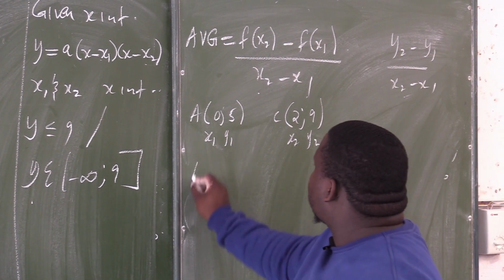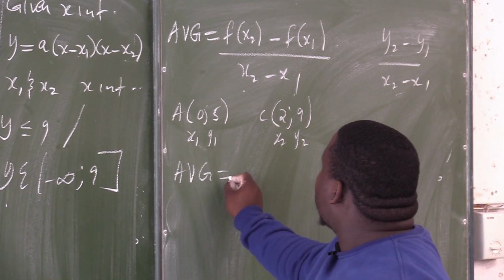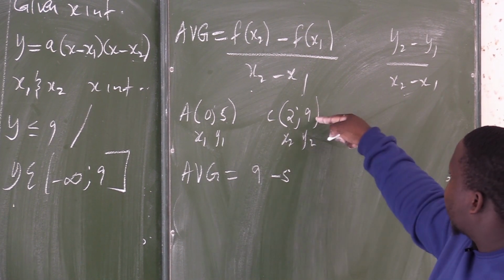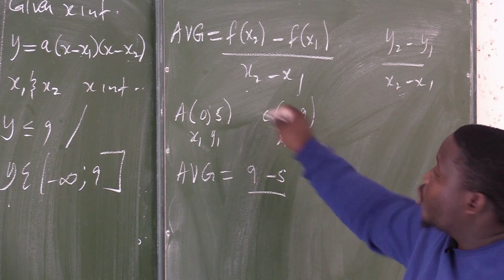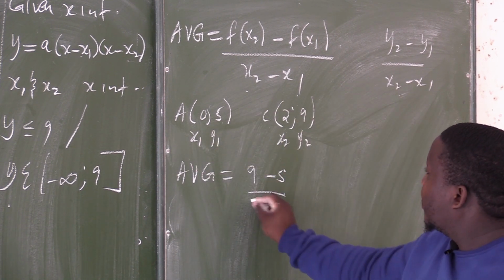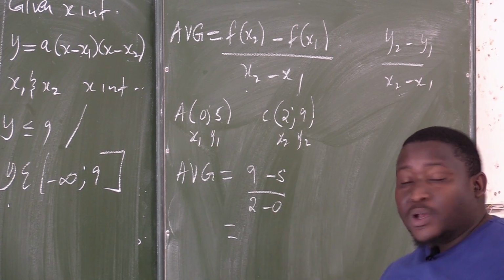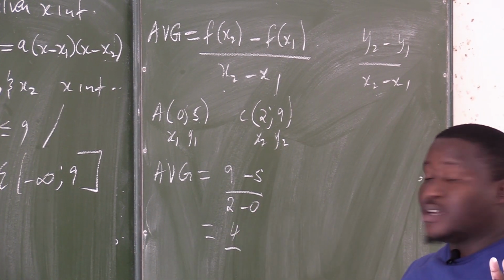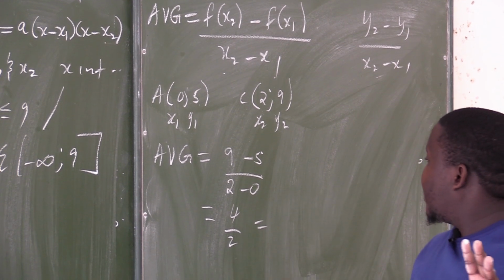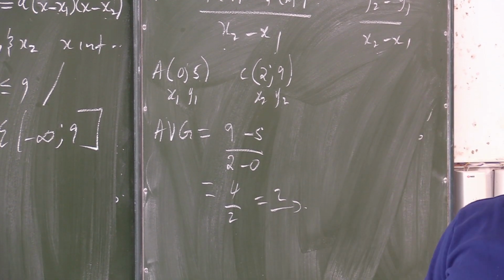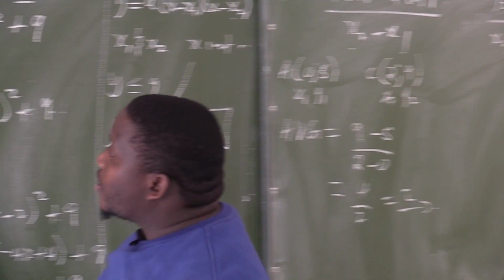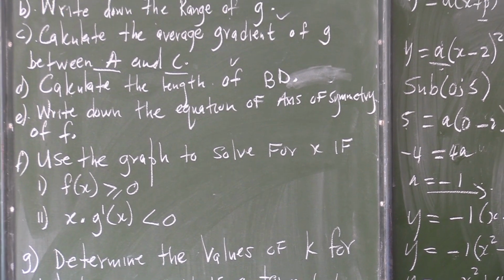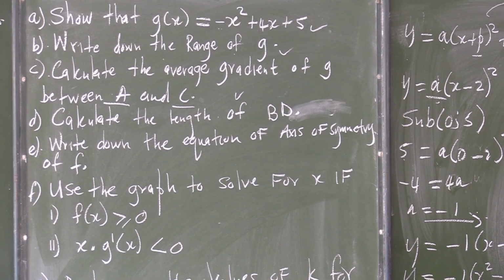So my average gradient will be y2 minus y1 over x2 minus x1, which is 9 minus 5 over 2 minus 0. What is 9 minus 5? It's 4. What is 2 minus 0? It's 2. What is the average gradient here? It's 2. So these are the questions wherein when you see them, you must be very happy because they will never change. There's only one way of doing them.